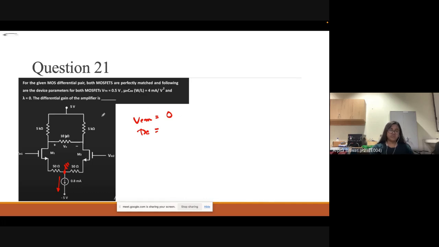And in that case, what will be the equivalent circuit? Just draw the equivalent circuit.